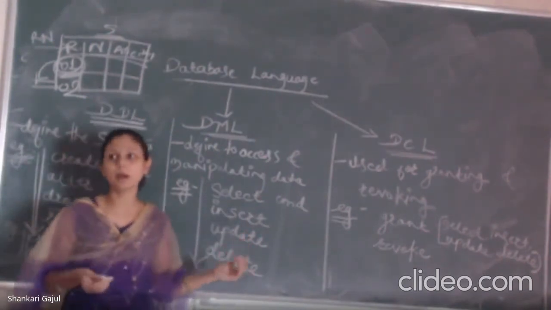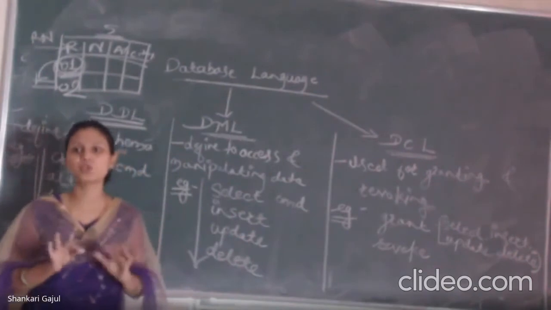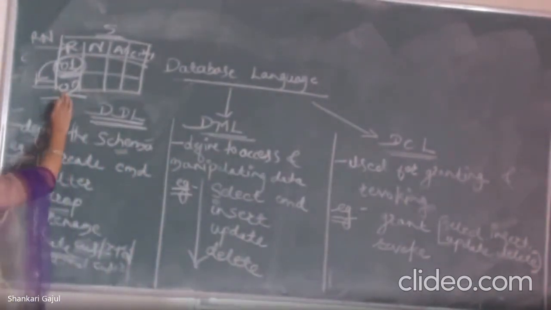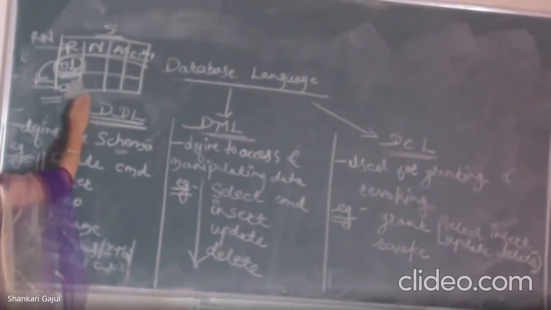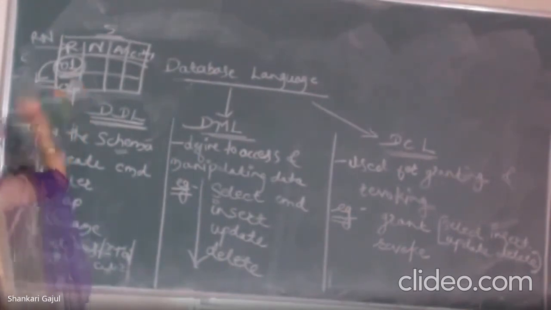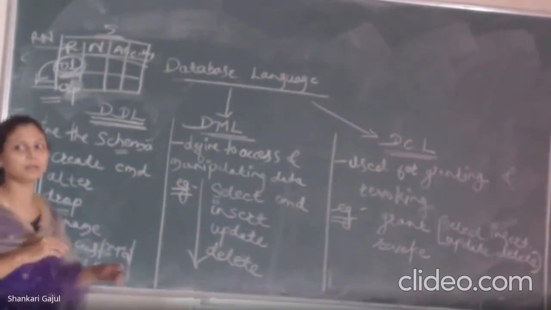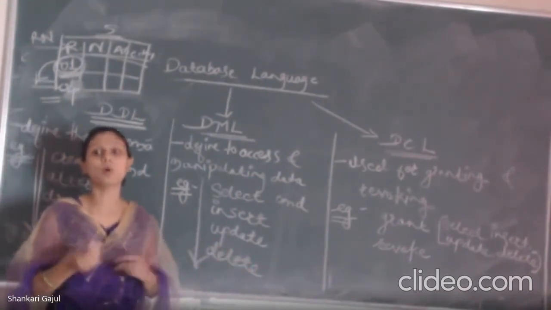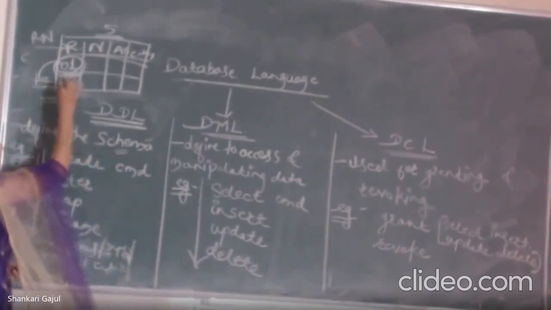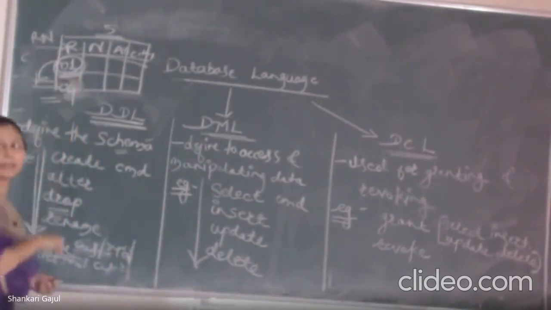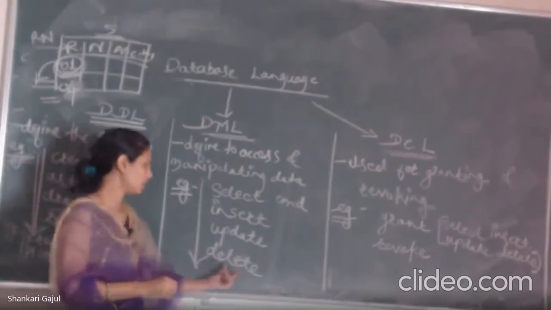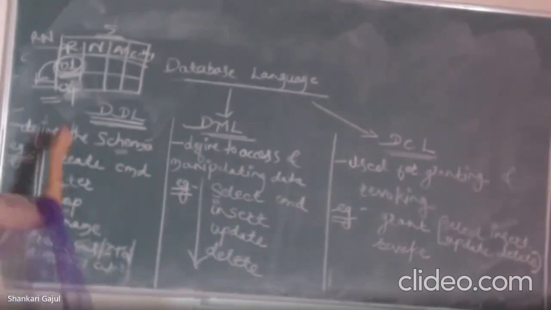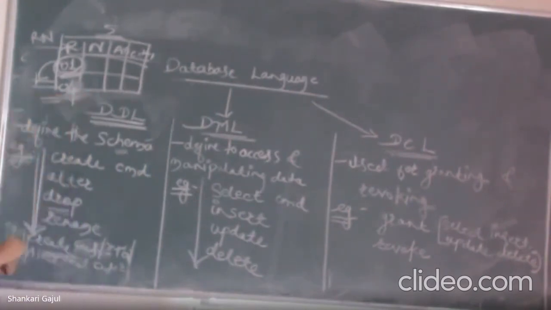So what do you mean by update? Suppose I want to make some changes into the existing table. Now this is the roll number 2. Suppose I want to update this as roll number 4. So for that purpose, I am using the update command. Okay. So for updating or modifying the particular actual records into the database. So delete. So delete is used for deleting the actual record from the database.